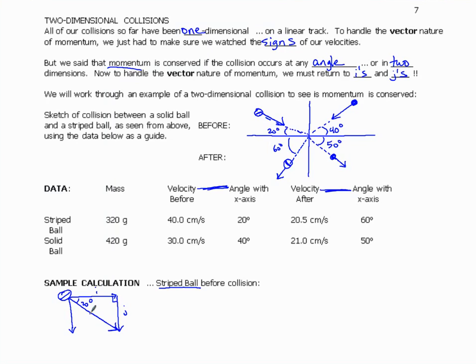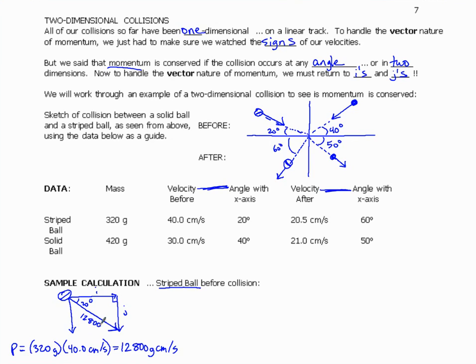This is going to be P. P is momentum, 320 grams, which is mass, times 40.0 centimeters per second, which is its velocity. So we find that this has 12,800 grams times centimeters per second of momentum. And that's this, 12,800.